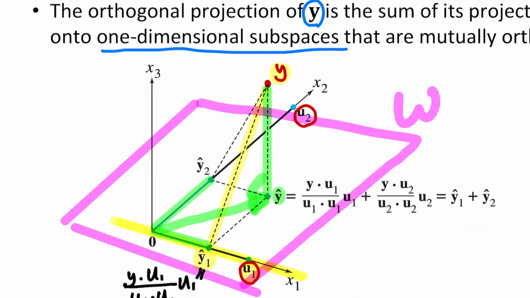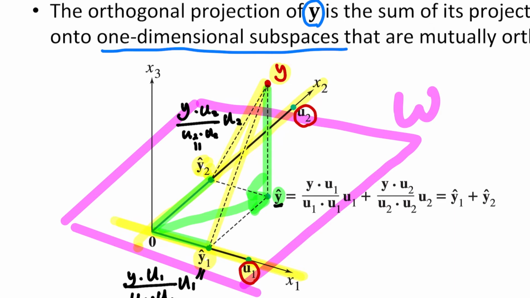What about this? Y hat 2 is the orthogonal projection of y onto this line, right? So in other words, y hat 2 is equal to y inner product u2 over u2 inner product u2, times u2, right?